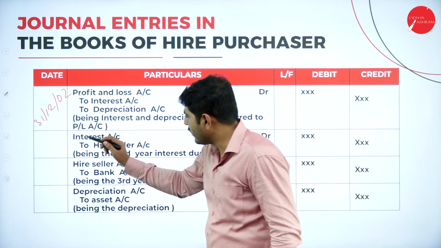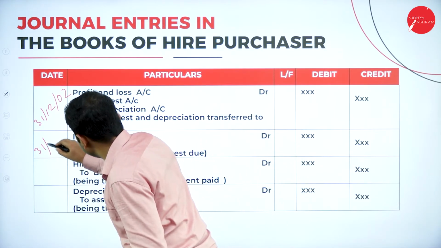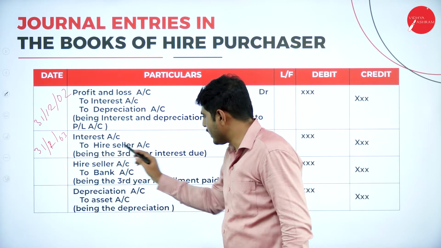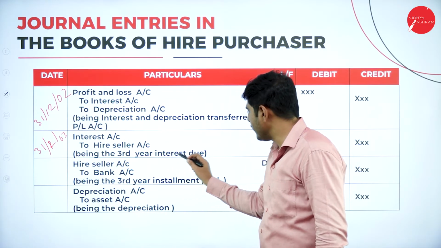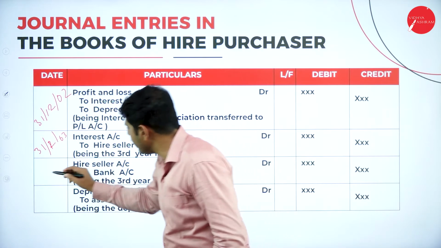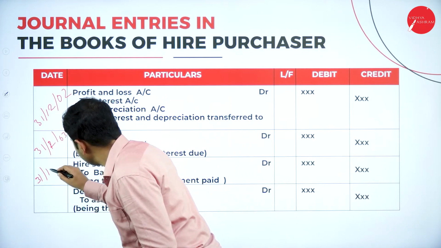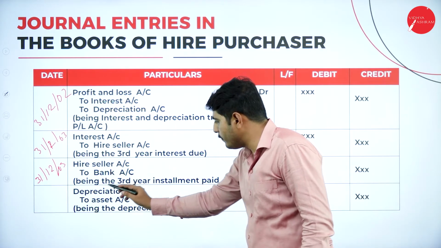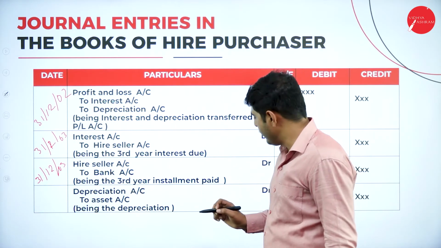Again see here for the third year, 31st December third year, interest account to hire seller account, being third year interest is due. Again 31st December third year, hire seller account to bank account, being the third year installment paid.